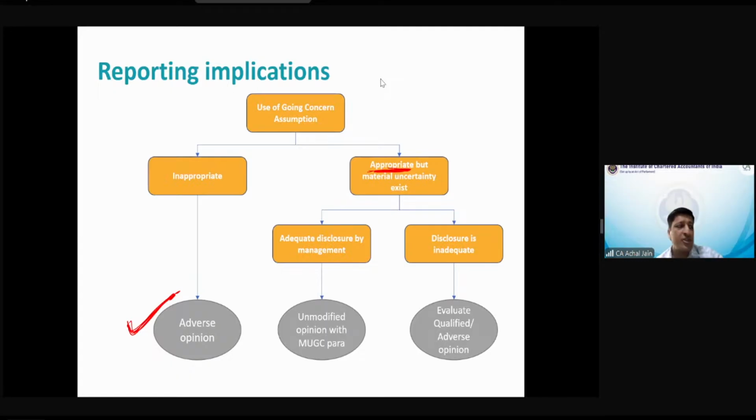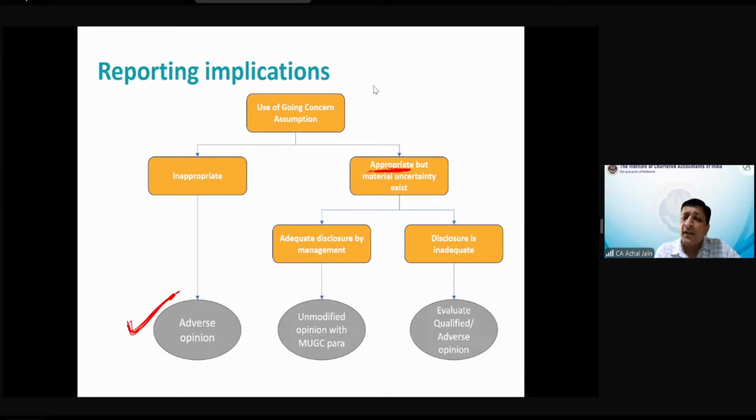So in such a situation, the disclosure that we have is deficient. And if the disclosure deficiency is not only material, but also pervasive, because the entire understanding of financial statements is getting impacted, so what will you do?